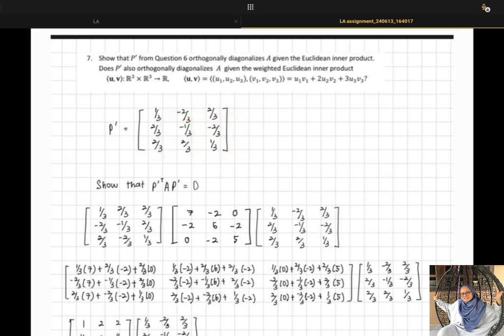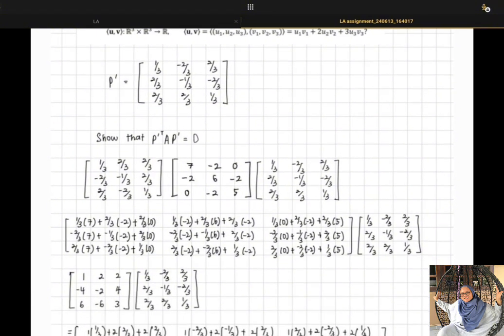So to show that P prime orthogonally diagonalizes A, we need to show that P prime transpose times A times P prime equals D. D is a diagonal matrix.